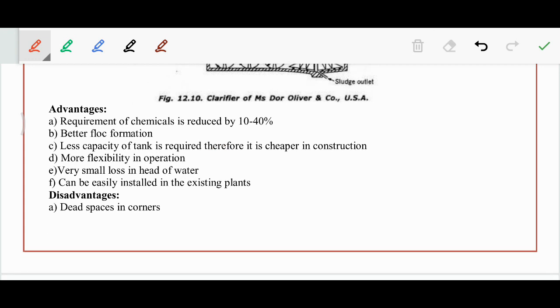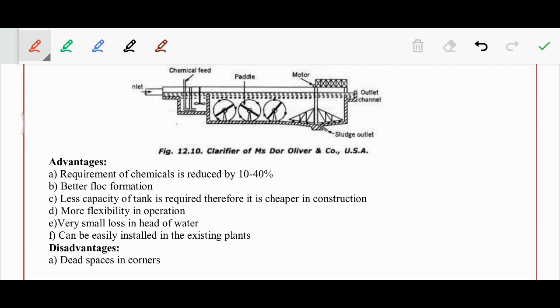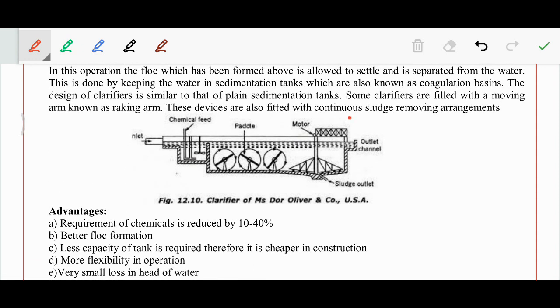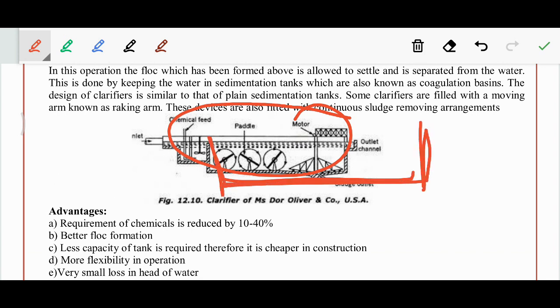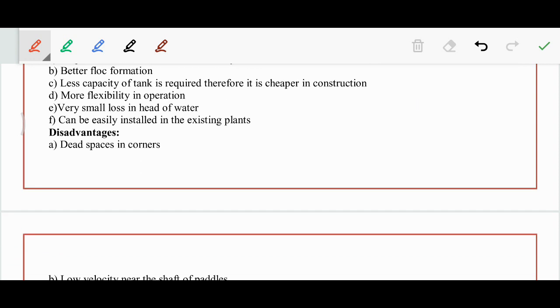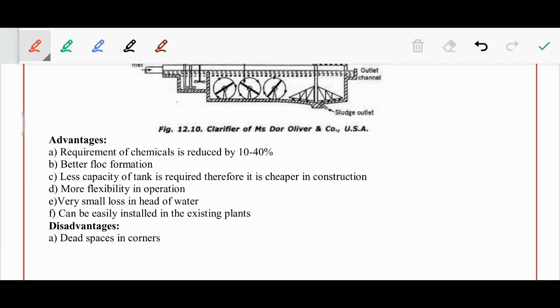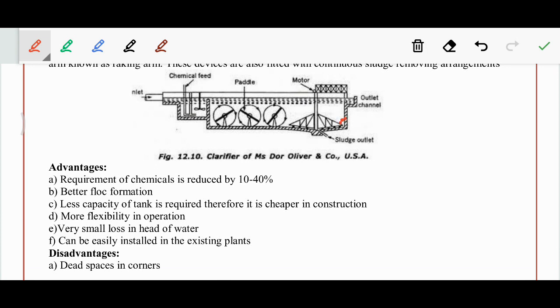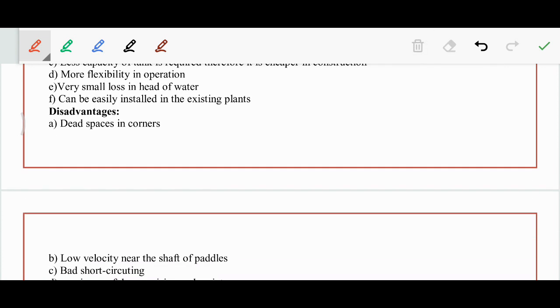It can be easily installed in an existing plant. If you want to extend this clarifier to certain dimensions, you can do it. So that is an advantage. The disadvantages are dead space in corners. There are some corners where we can't remove these flocks. That is a disadvantage.